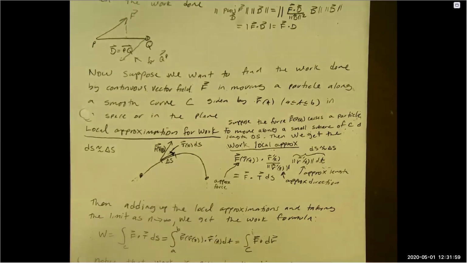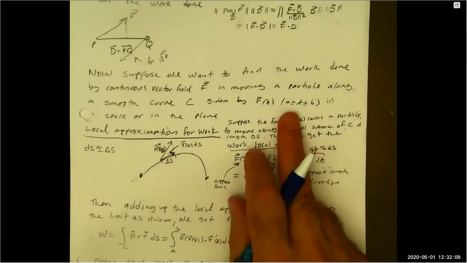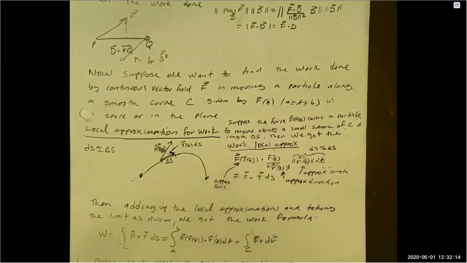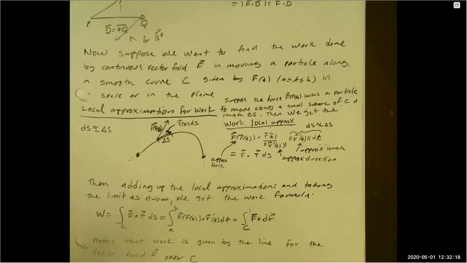So now suppose we want to find the work done by a continuous vector field F in moving a particle along a smooth curve C given by r of t, where t goes from a to b, in space or in the plane. We could do a long Riemann sum argument, but we can probably just understand it in terms of local approximation for work.